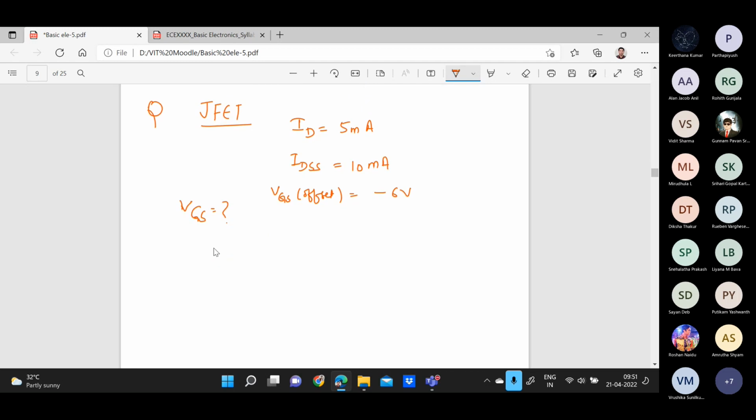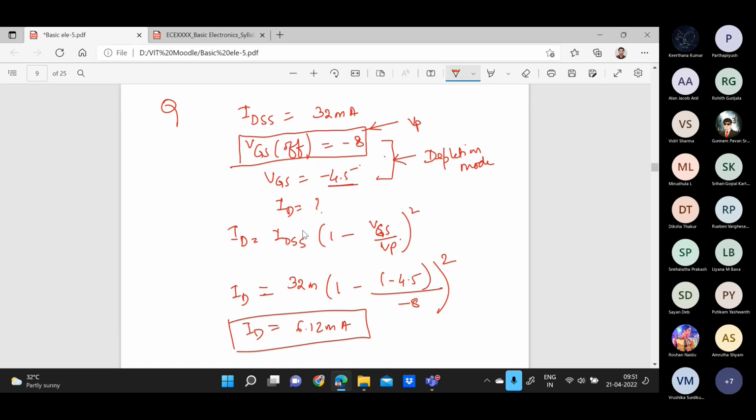Okay, as you know, the formula for the drain current is ID equals IDSS times (1 minus VGS divided by VGS at offset, or you can also say pinch off VP) whole square. In this formula, either you can put VP or you can put VGS offset.